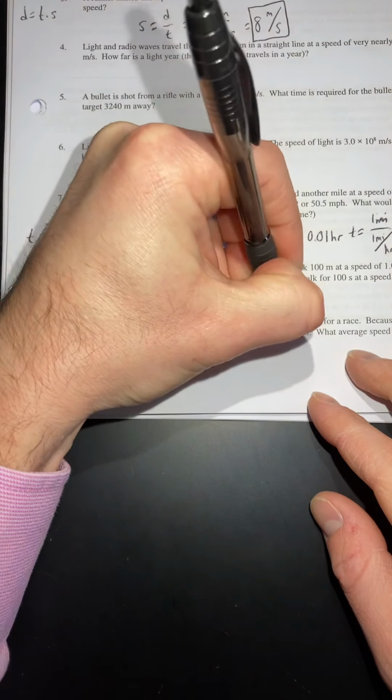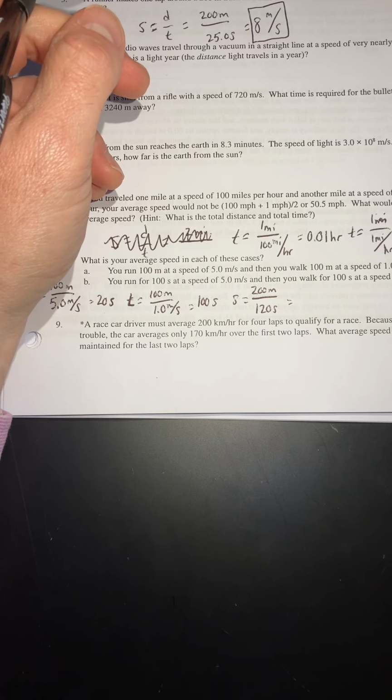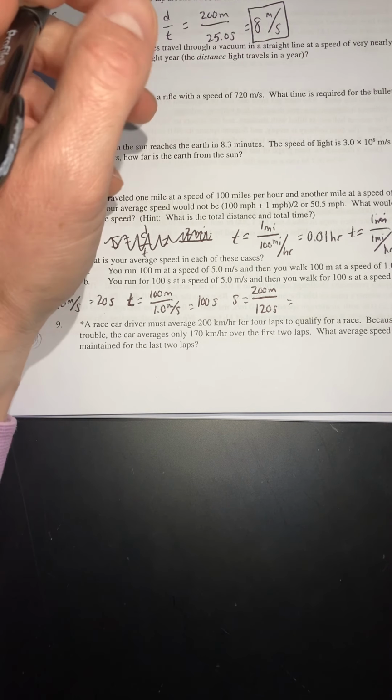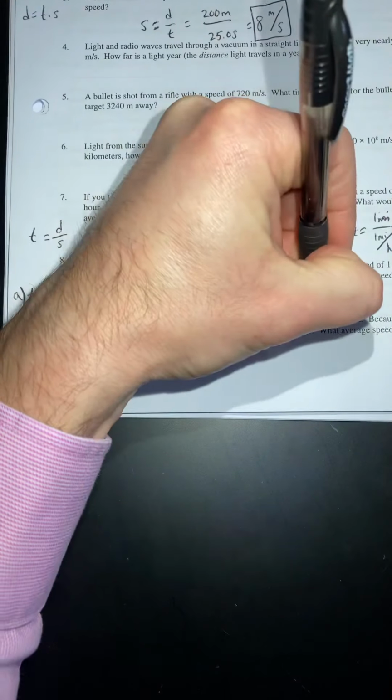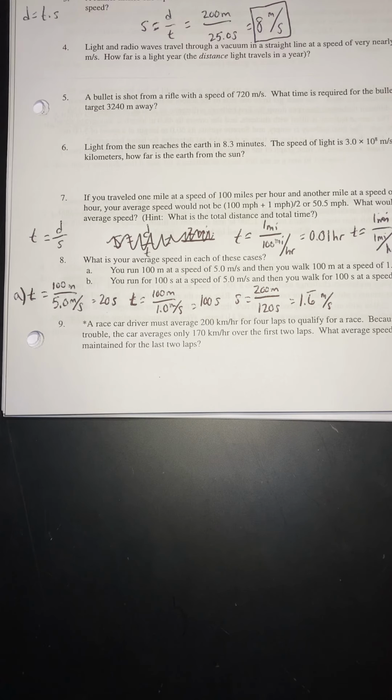So your average speed is 200 divided by 120, which is 1.6 repeating meters per second. So that was part A.